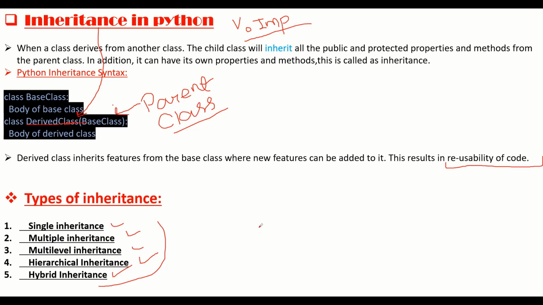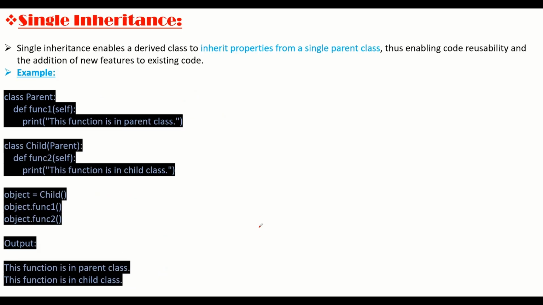So alright everyone, now you have hopefully understood. So this is single inheritance. Single inheritance enables a derived class to inherit properties from a single parent class, thus enabling code reusability and the addition of new features to existing code.